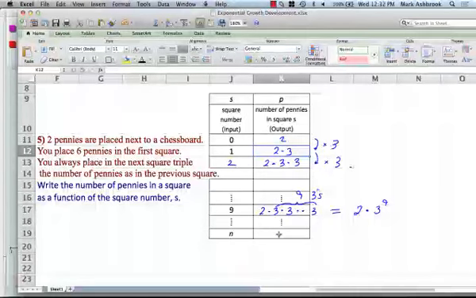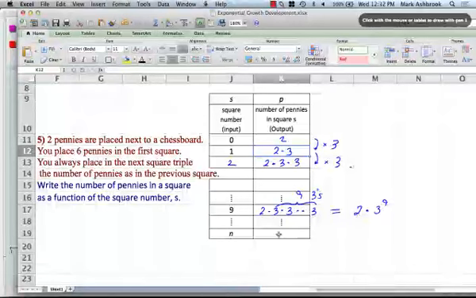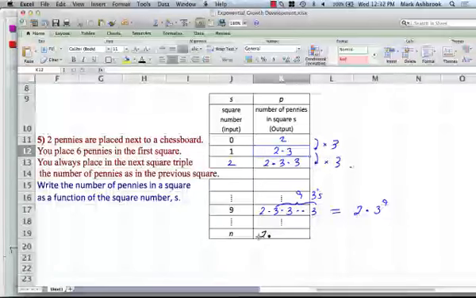Okay, so let's try this. After n, in the nth square, product notation. Nicole: 2 times 3 times 3, and that's n times.